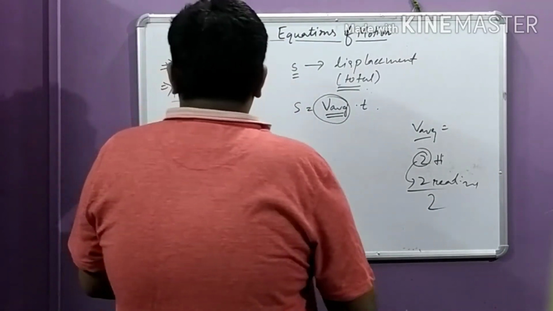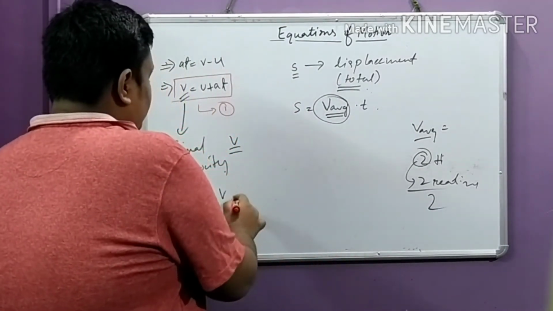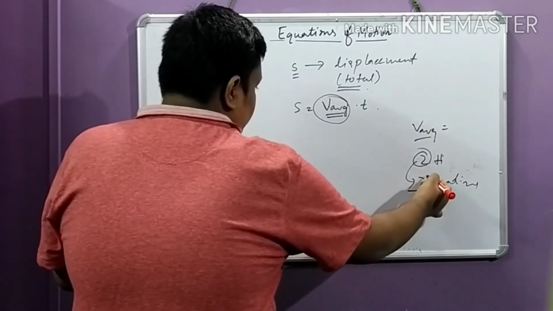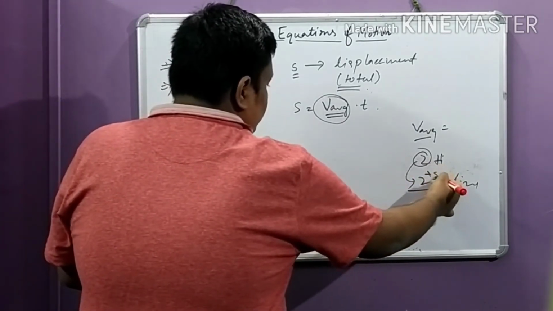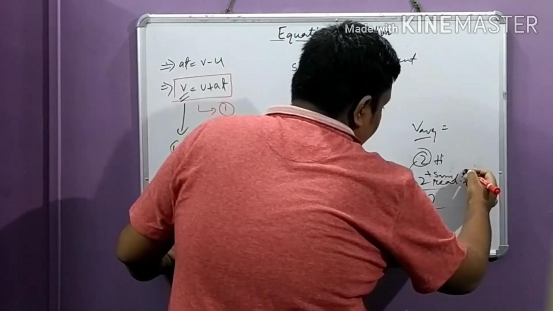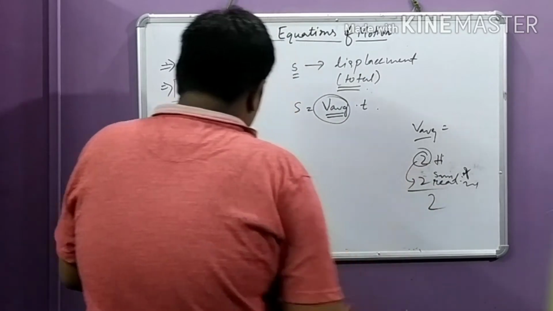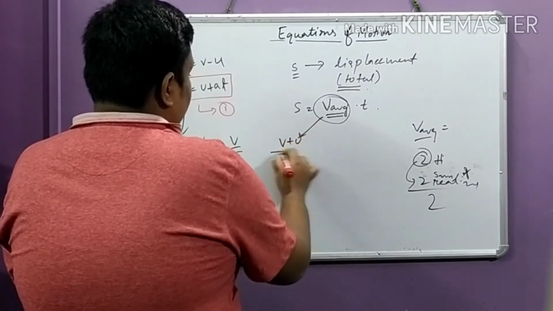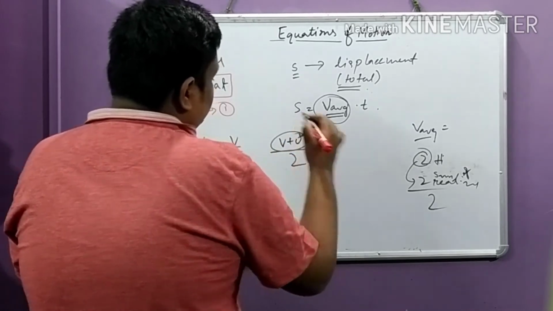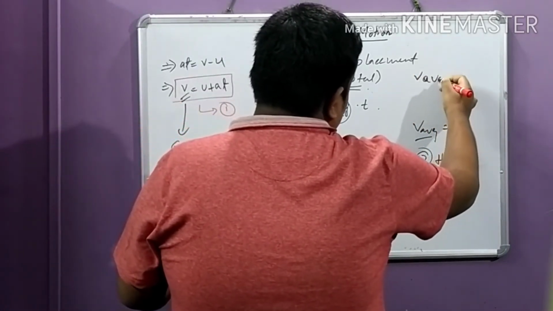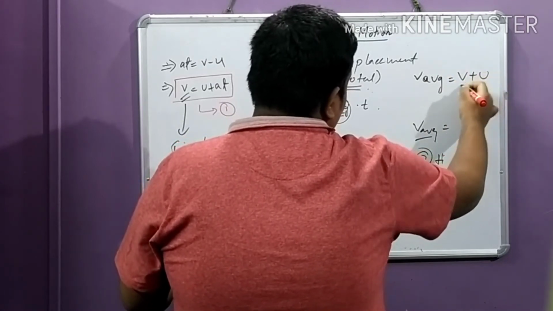So here also we have two different velocities, v and u. We take the sum of the two readings. So v average will be v plus u by the number of readings, 2. So v average we got equal to v plus u by 2.